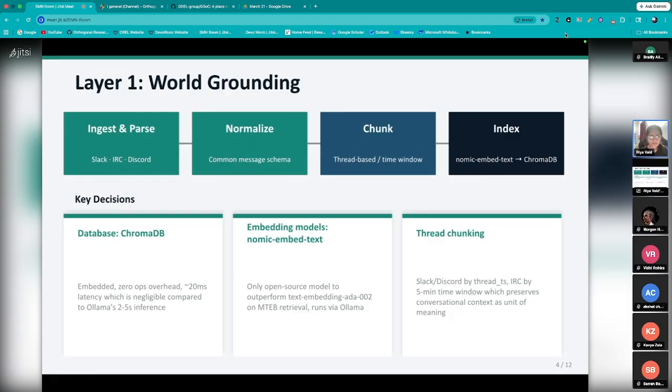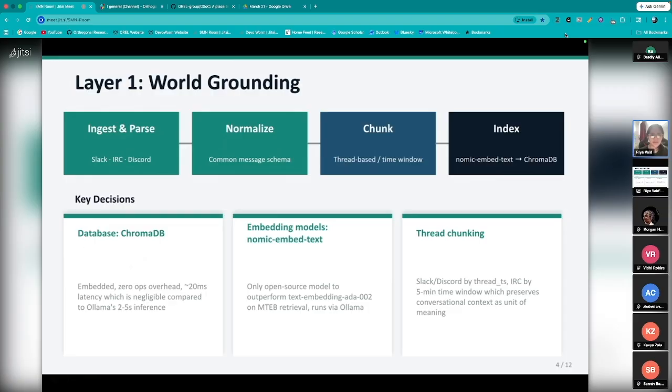The embedding model I'm proposing is Nomic embed, because it's the only open source model to outperform text embedding ADA on MTEB retrieval and runs via Ollama. And the thread chunking is the same as I discussed just now.